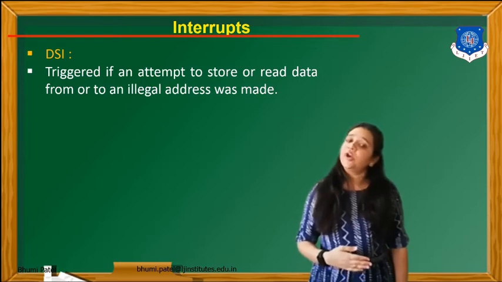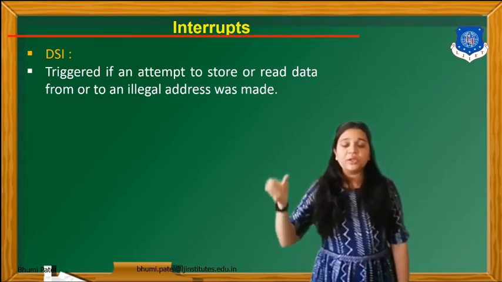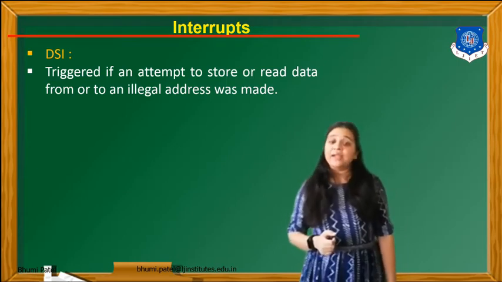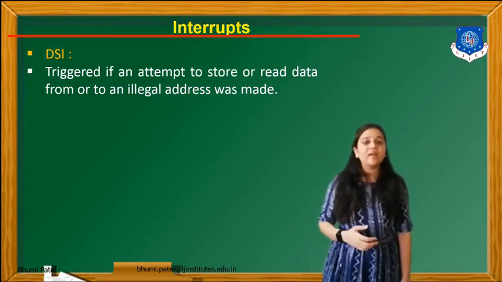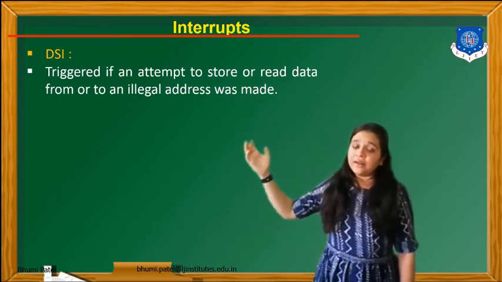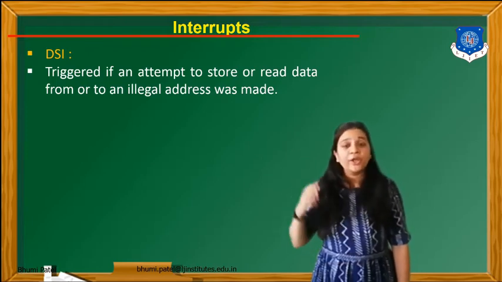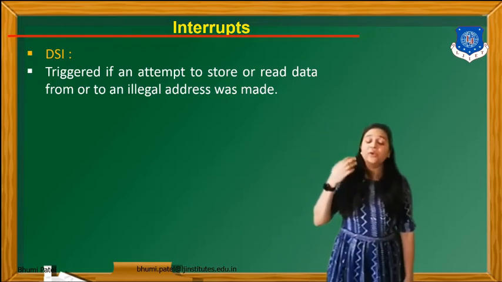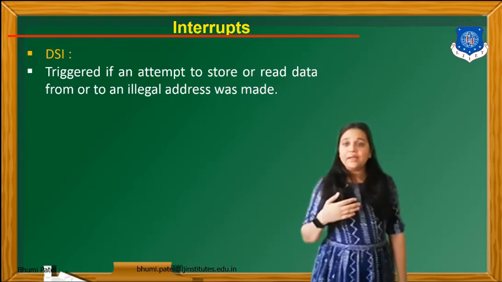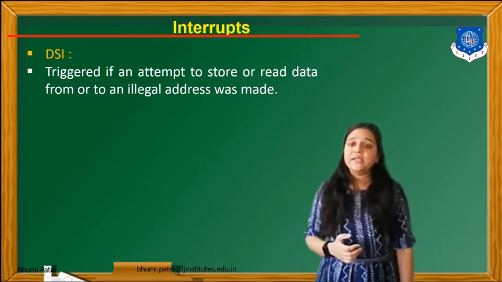We study only the ladder diagram, but an instruction list type programming language is also used whenever we deal with PLC programming. So if any illegal address is found during the program or during storing or reading the data, that type of interrupt arises, that is DSR.